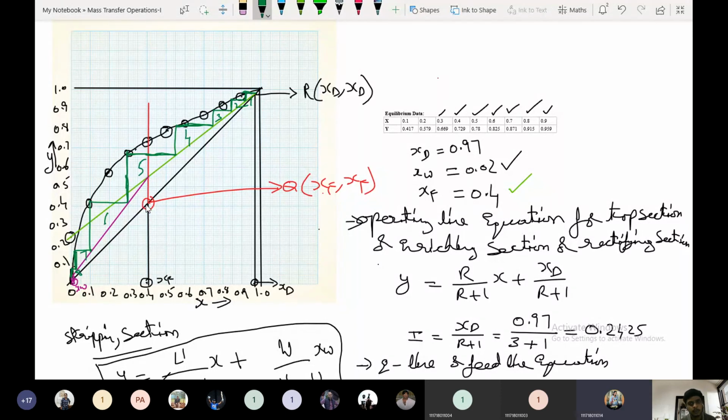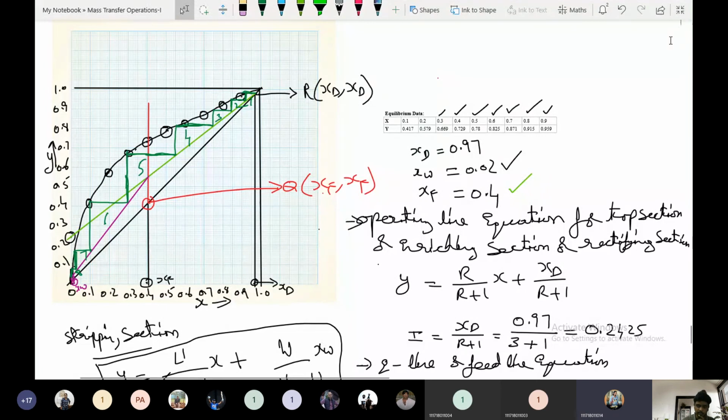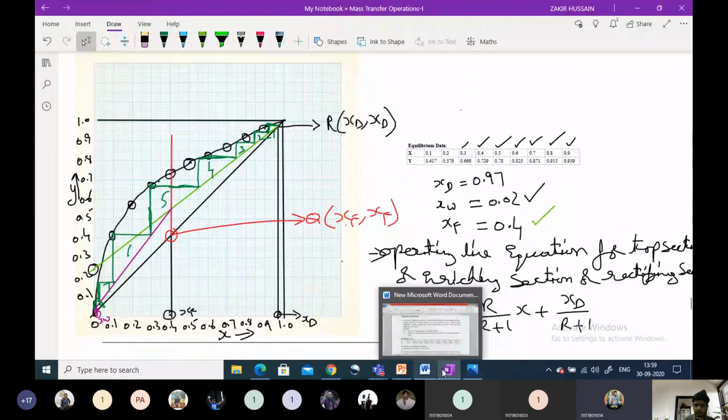Okay, since time is completed, those who want to leave, you can leave from the class. Please don't disturb and leave. I will give attendance.